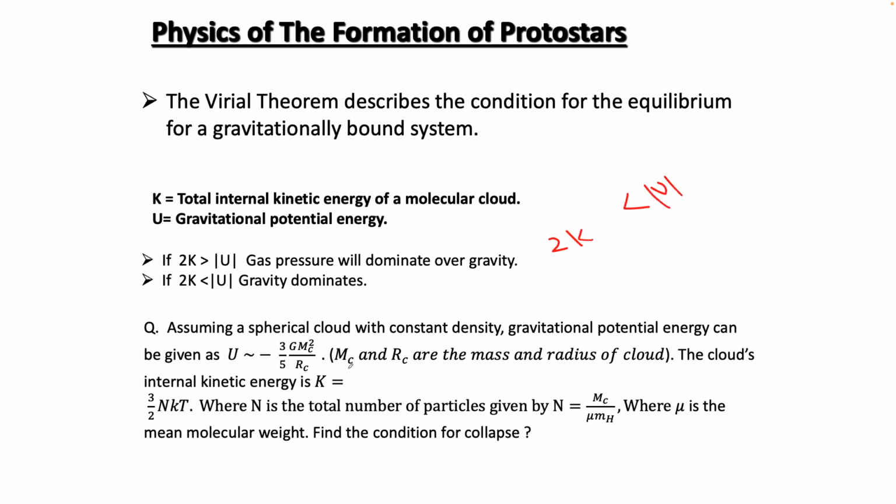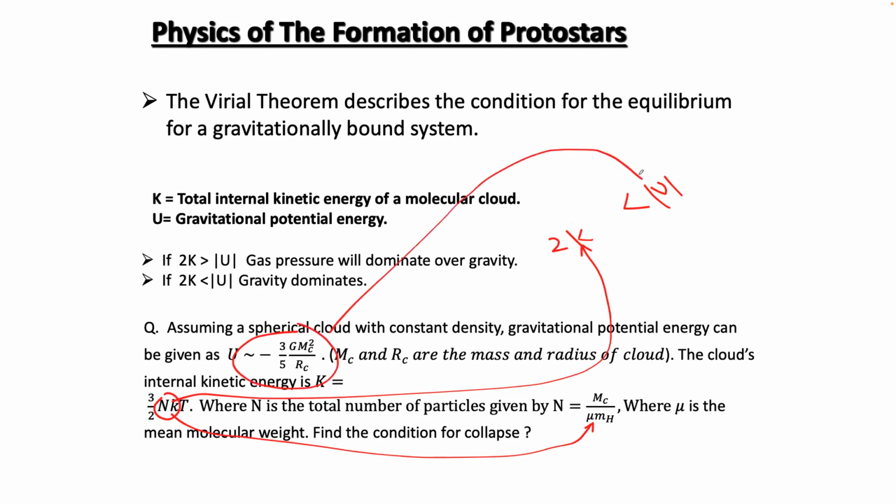Your K is given, K is this N k T, so you can plug it here, and there is a value for N, which is the total number. That total number is given here, so you can directly plug that value here. So you will get an expression, and U is given from this expression, and you just need to take the magnitude and put it here, and this will give you a relationship, right?